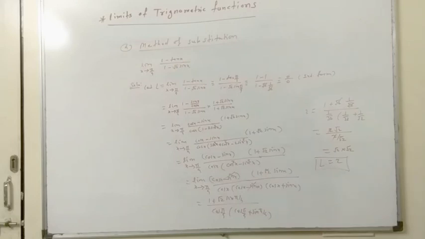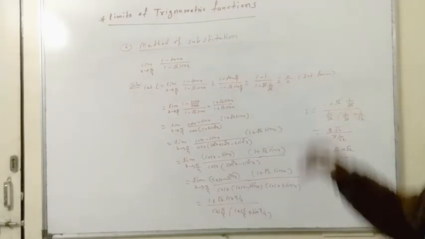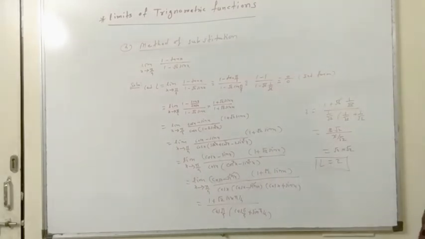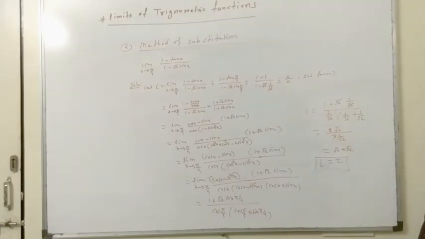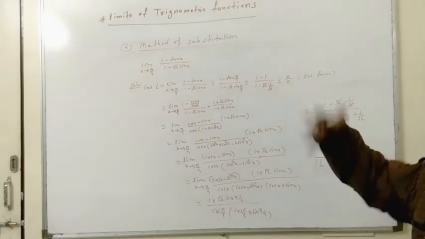When the example takes the form other than 0, first think of the method of using trigonometric identities and factorization. And when that method is not applicable, algebraic methods are also applicable for simplification.